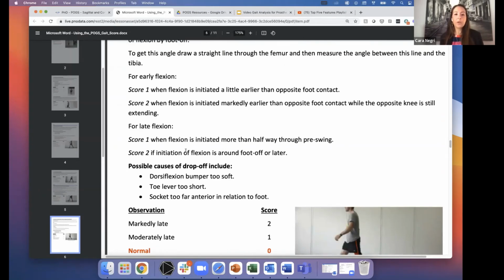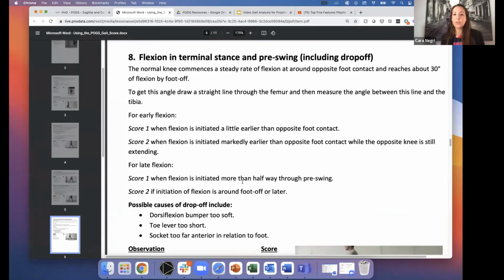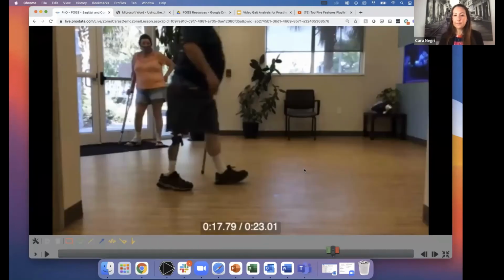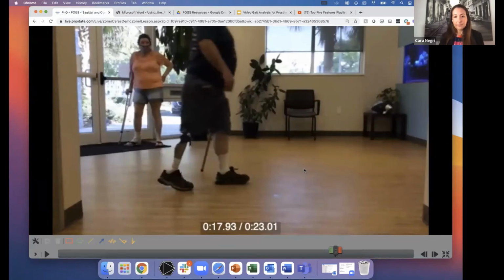So we're going to score a 1 when flexion is initiated more than halfway through pre-swing, or score a 2 if initiation of flexion is around foot off or later. So we're really just looking for, is this person dropping off, or do we see flexion in terminal stance? I have a feeling we're not going to with this patient, but maybe.